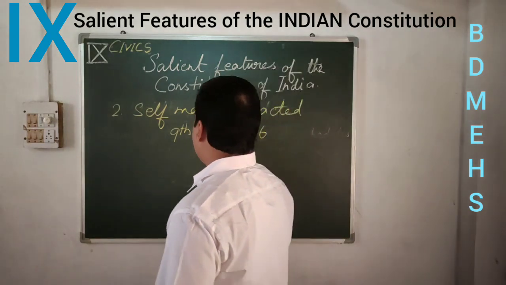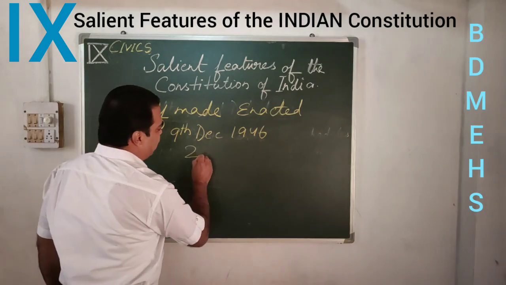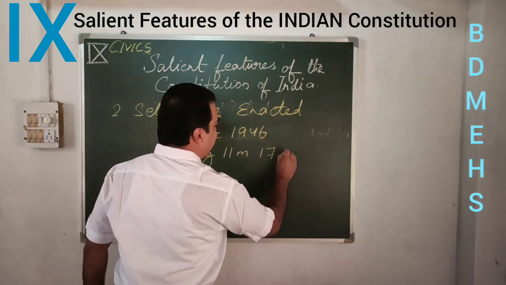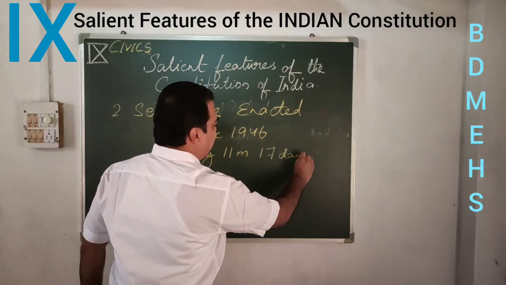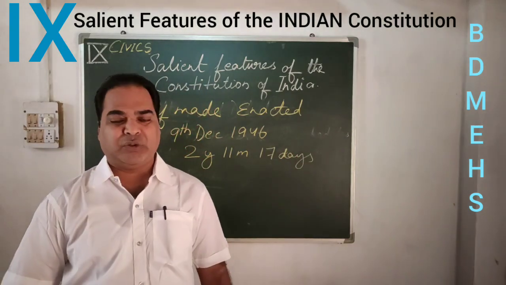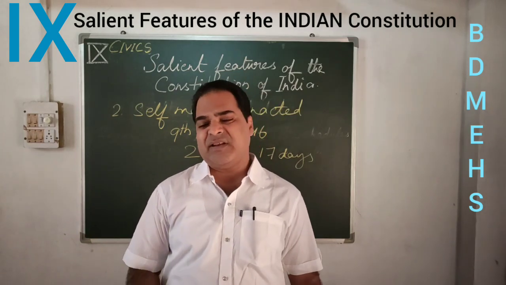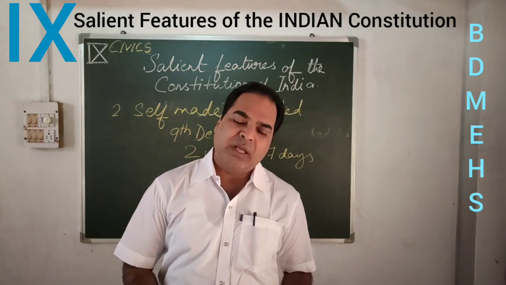And you know that it took how many years? 2 years, 11 months and 17 days to complete our constitution. So 2 years, 11 months and 17 days it took to complete our constitution.